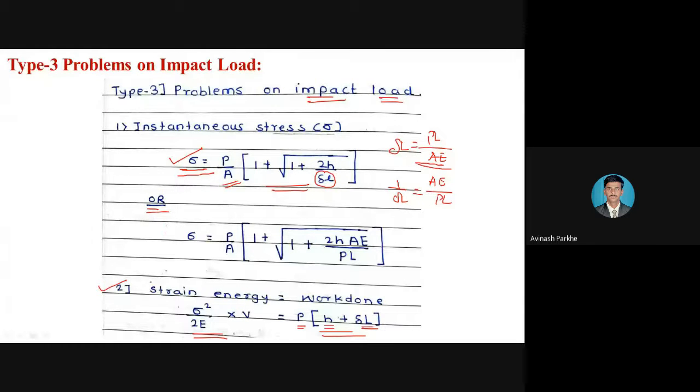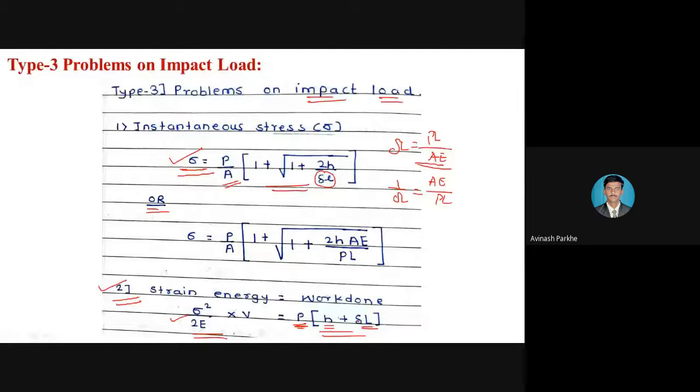And then a second formula we also have, that is strain energy is equal to work done. We have the standard formula for the strain energy, sigma square upon 2E into volume, and work done means force into displacement. How much force is applied? P amount of force is applied. How much displacement is taking place? H plus delta L, because the load is falling from a certain height.